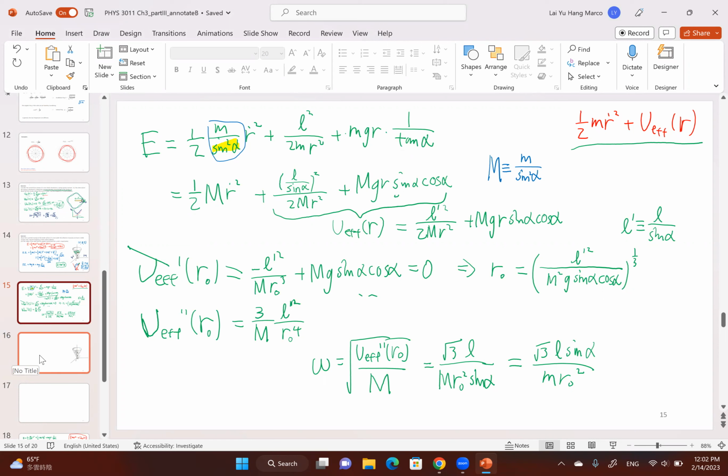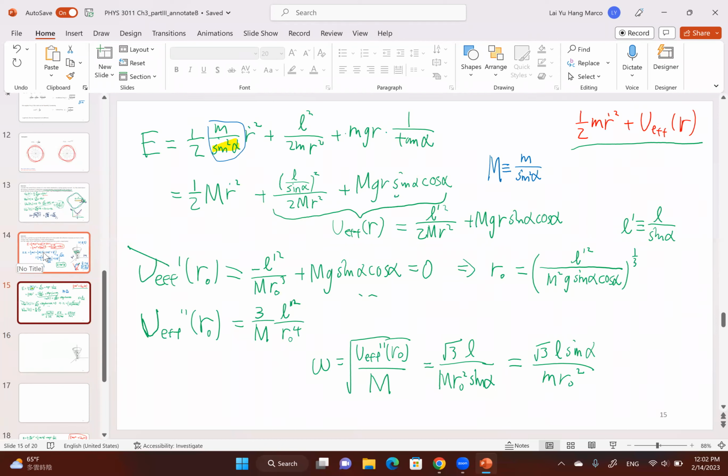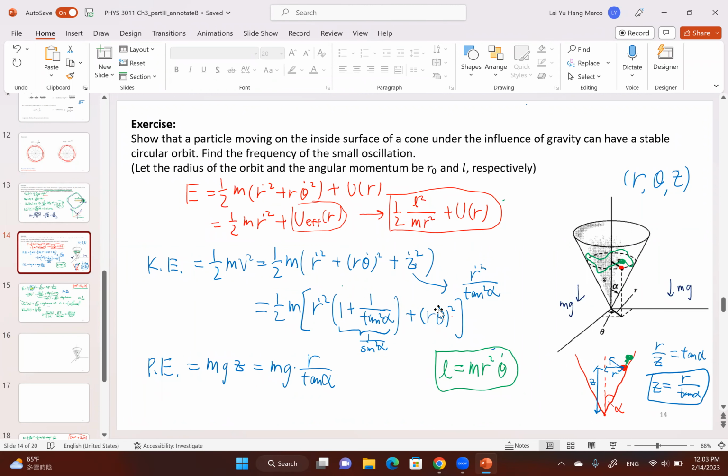Let me directly write down the Lagrangian over here. I should mention that when I write it down, I should not have the L square yet, so I want to write it in both coordinates, r and theta.